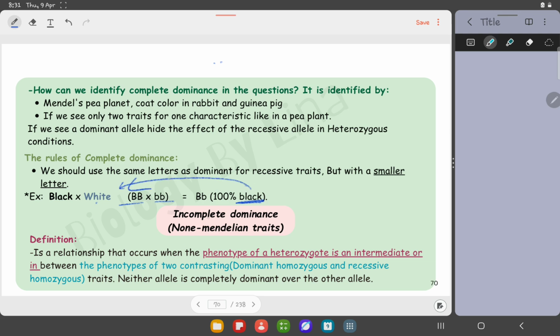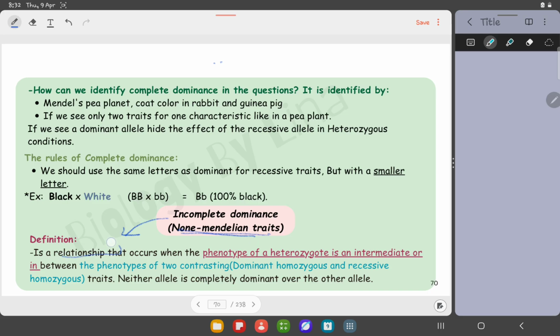What about incomplete dominance? Incomplete dominance means intermediate, or in between. So another character will appear which is in between, or intermediate between the two traits of the parents. For example, the definition of incomplete dominance, which is a type of non-Mendelian trait: we will use different letters and a different rule from Mendel's rule.